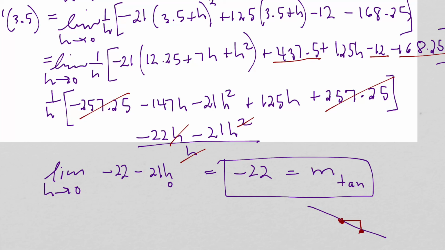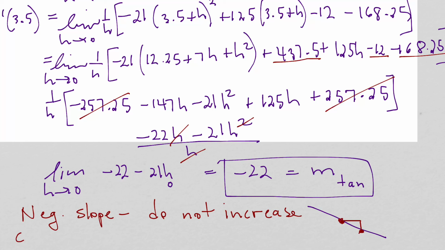So that means I do not want to increase the cost of my scrapers because my profit will go down. So we're going to say negative slope, do not increase the cost of the scraper, or your profit will decrease. That's what your negative slope is telling you.